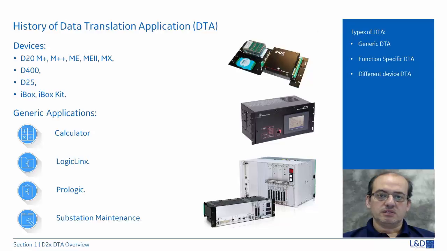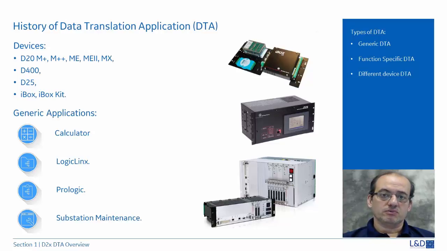The DTA has been developed for many platforms, for example, the D20M, M++, M+, ME, ME2, MX, D200, D25, iBox, and the iBox kit. In all of these platforms, more or less the DTA would do the same job.